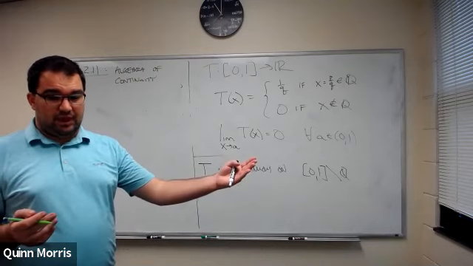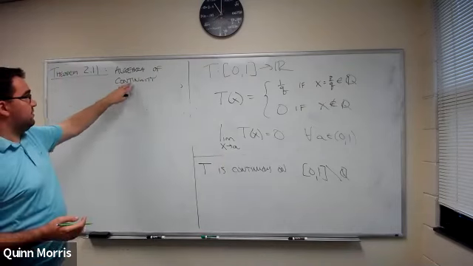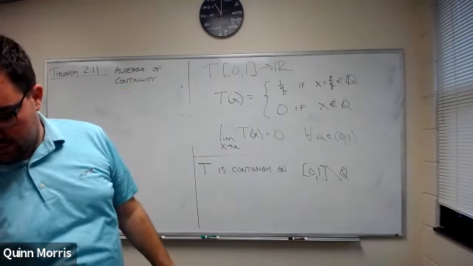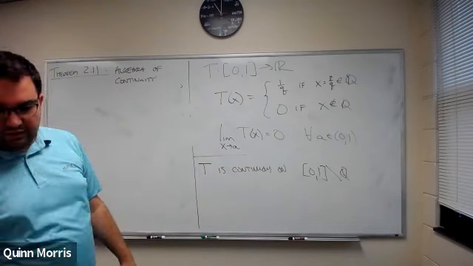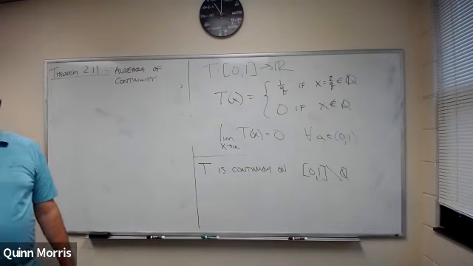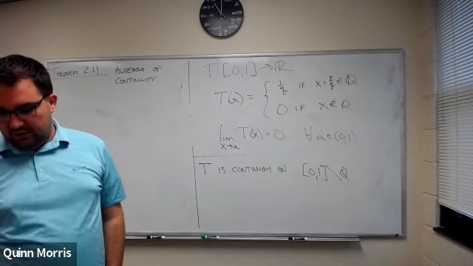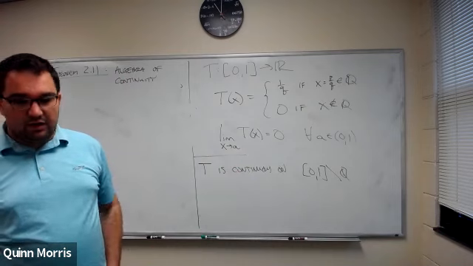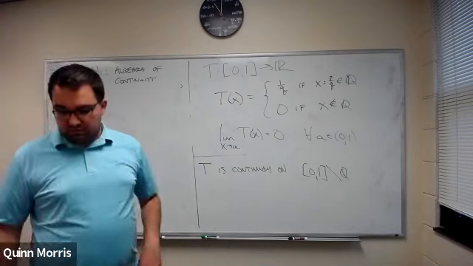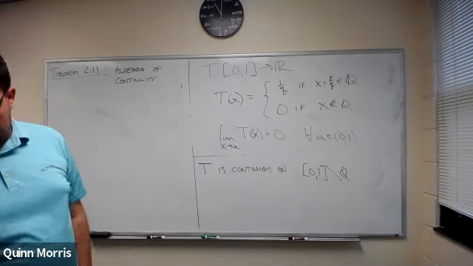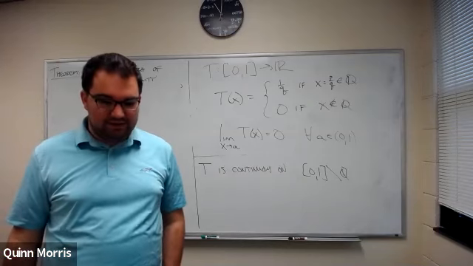They really just rely on the theorem about the algebra of limits. But one of the highlights of continuity, to me, is that continuous functions and limits play well together.